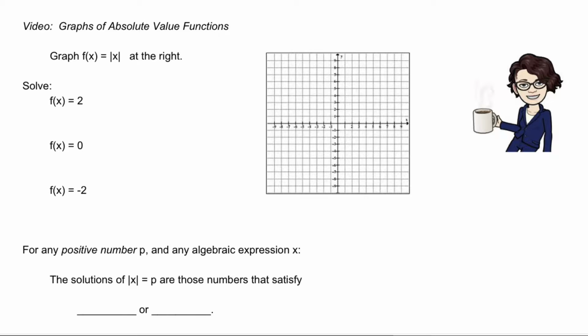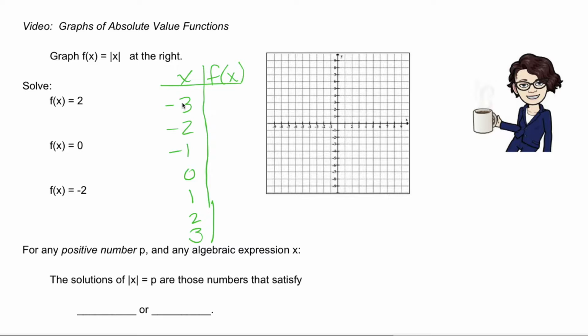So we're going to look at the absolute value of x again as a function, and we're going to graph that over here at the right. I can make a table and plug in our standard inputs, and then we will graph those.